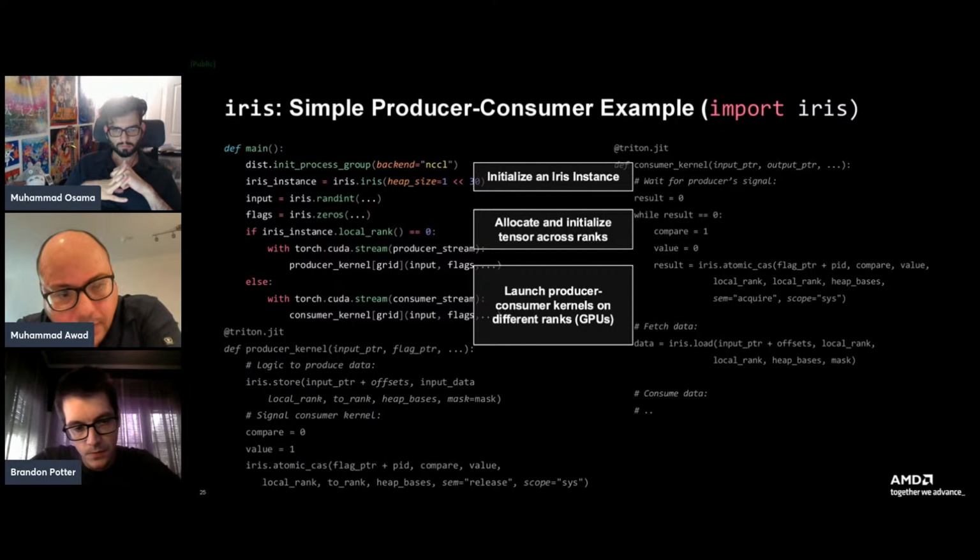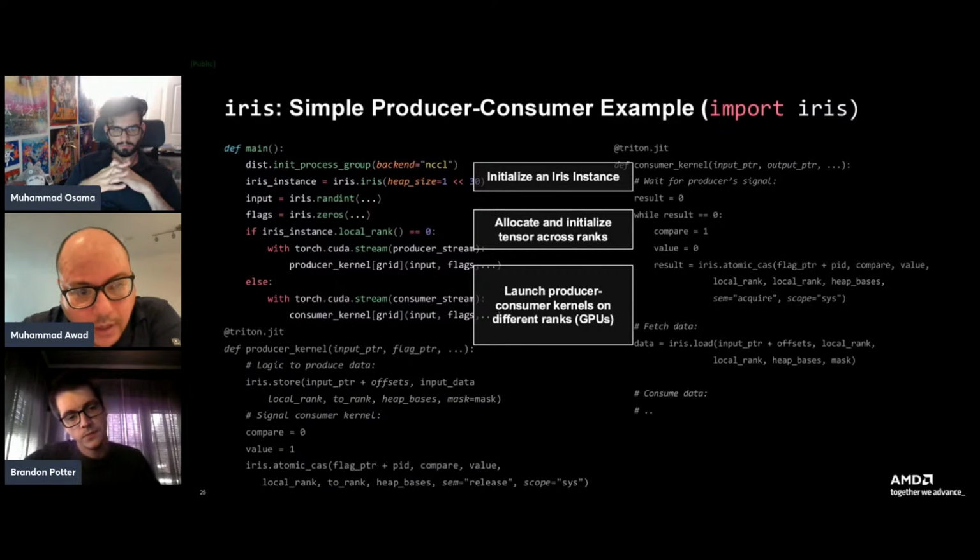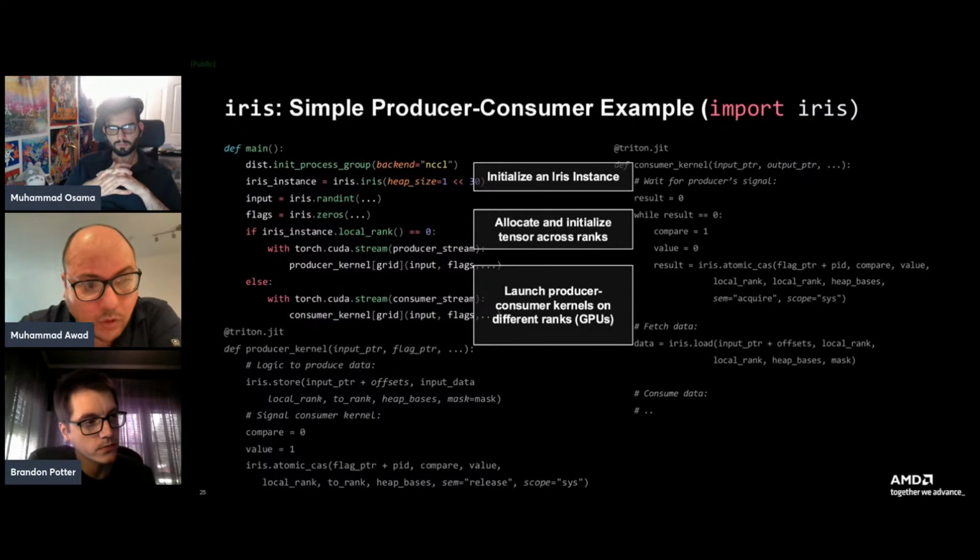So if you're using Iris APIs to allocate tensors for RMA operations, be careful about Torch APIs that reallocate tensors. You will always have to do things in place.